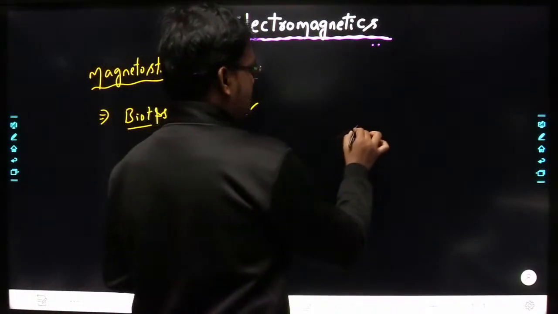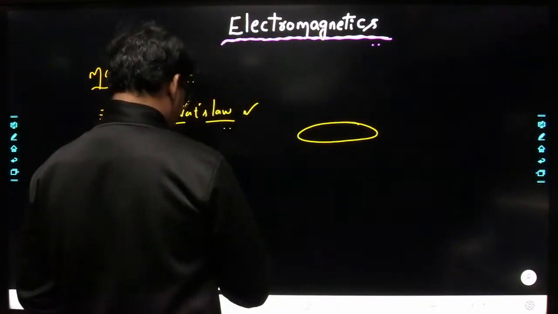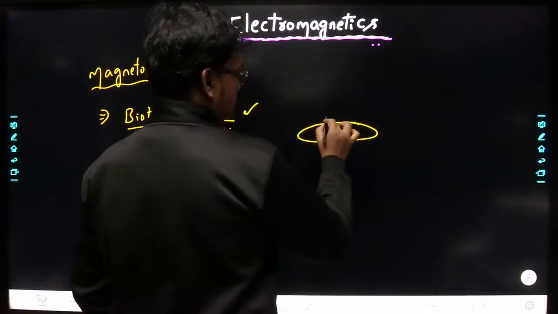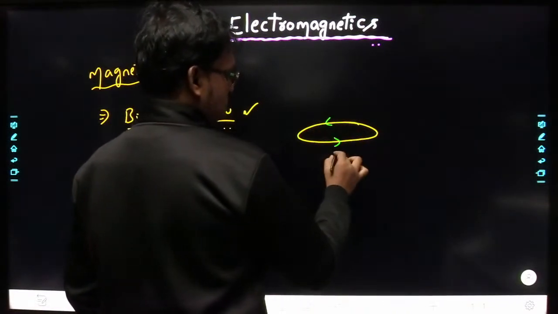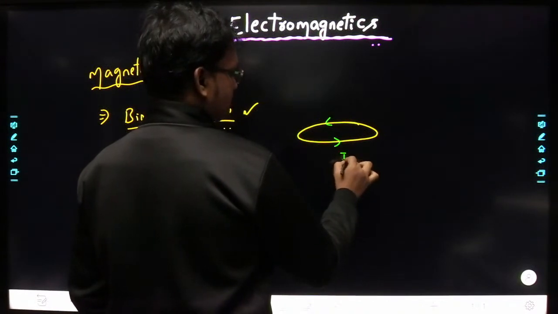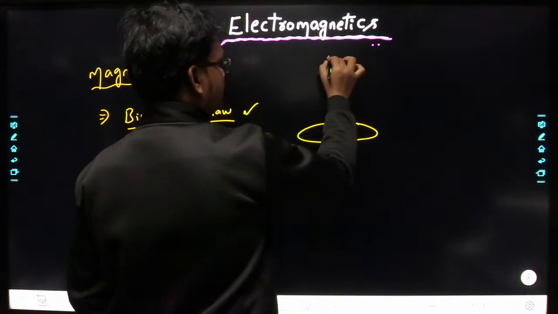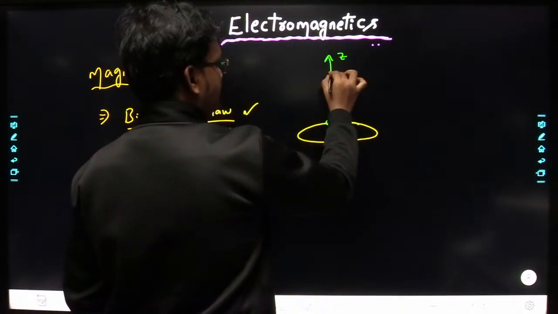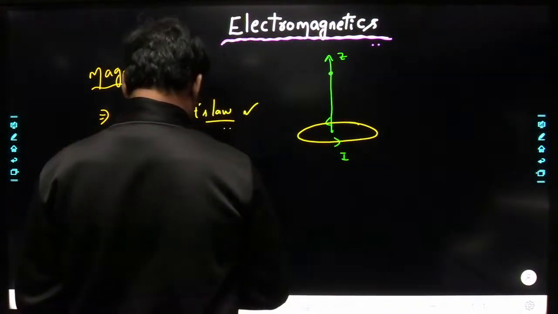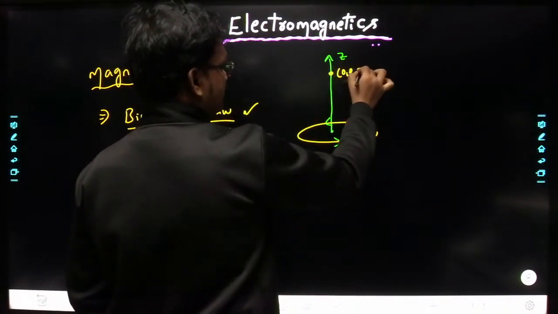And in the previous session we have determined the B field due to a current carrying circular loop here. If the current is flowing around this circular loop, then we try to determine the B field at some point 0, 0, z. Understood?